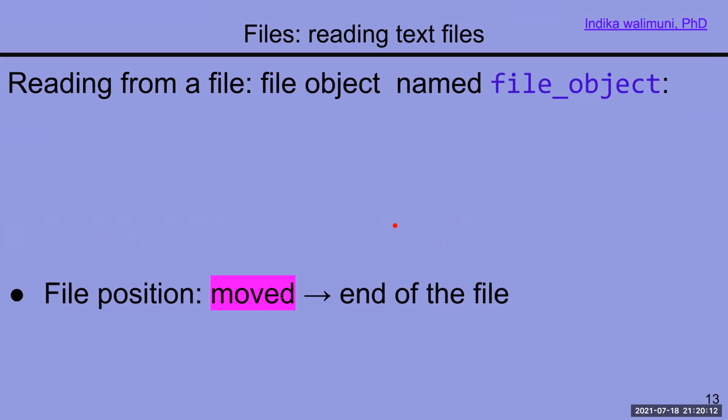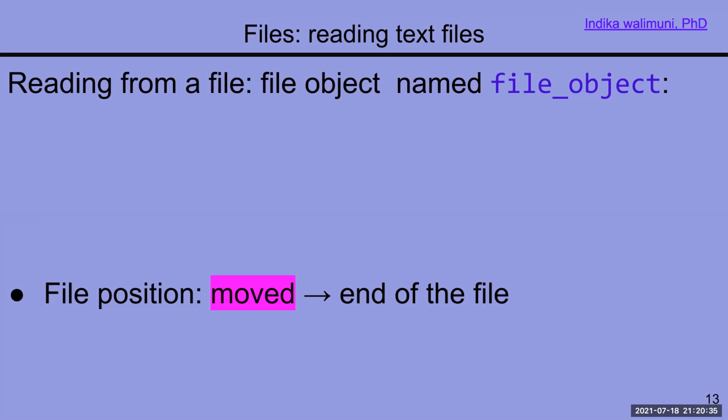Okay, so the position moved to the end of the file, because again we are reading the entire file, not just as a big string. Now it's going to be a list. So we use read to read the entire file, but the content is read to one big string.